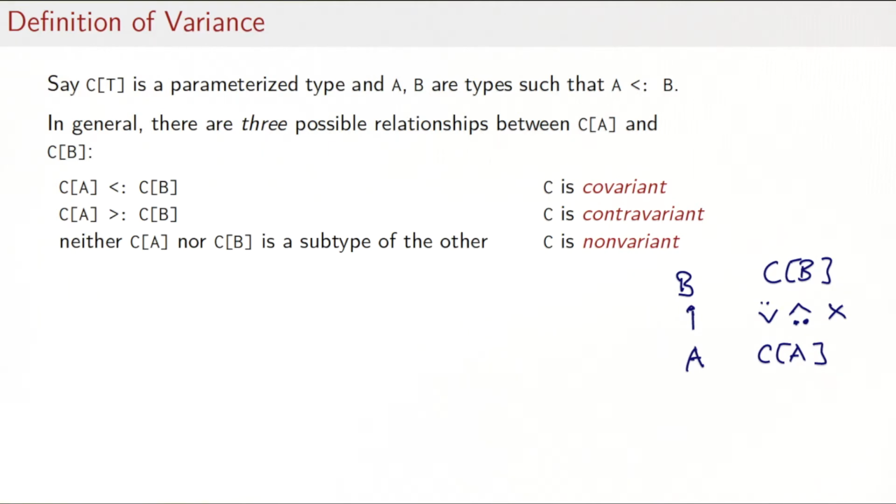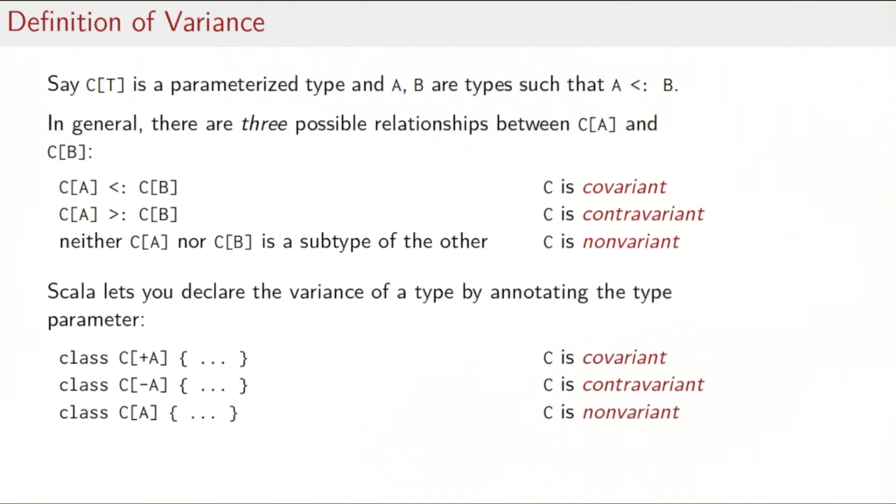So neither C of A is a subtype of C of B, nor is C of B a subtype of the other. If C of A is a subtype of C of B, we say C is covariant. If the opposite is true, so C of A is a supertype of C of B, then we say C is contravariant. And if neither of the two is true, then we say C is non-variant. Scala lets you declare the variance of a type by annotating the type parameter.